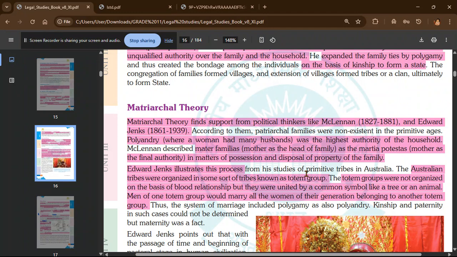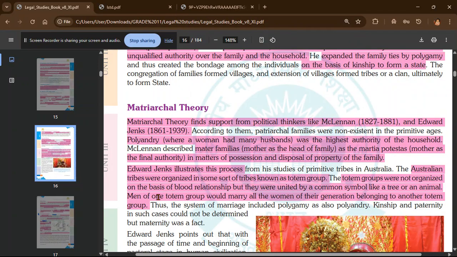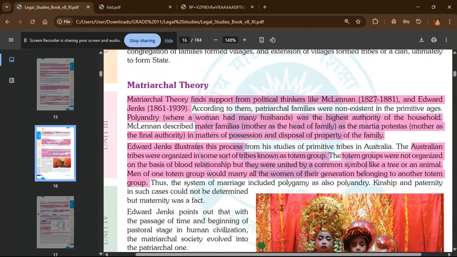Men of one totem group would marry all women of their generation belonging to the other totem group. Thus, the system of marriage included polygamy as well as polyandry, and kinship and paternity in such a case could not be determined, but maternity was a fact. So this is about the matriarchal theory.